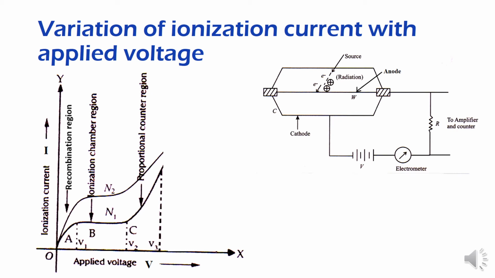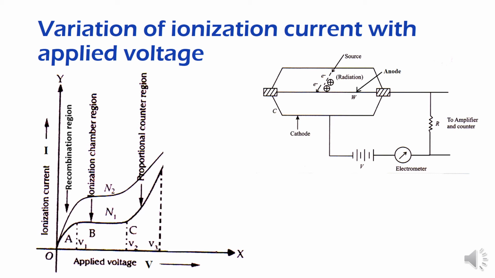When the voltage is greater than V2, two types of ionization take place simultaneously in the chamber. One is primary ionization because of the radiation entering the chamber. Another is secondary ionization, which is produced by the electrons when they collide with the atoms while moving towards the anode.